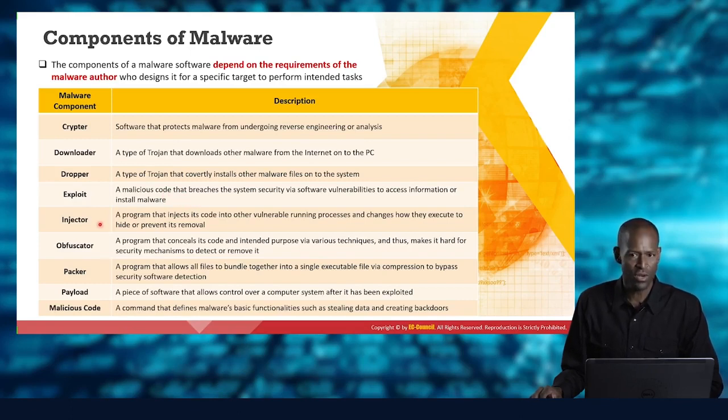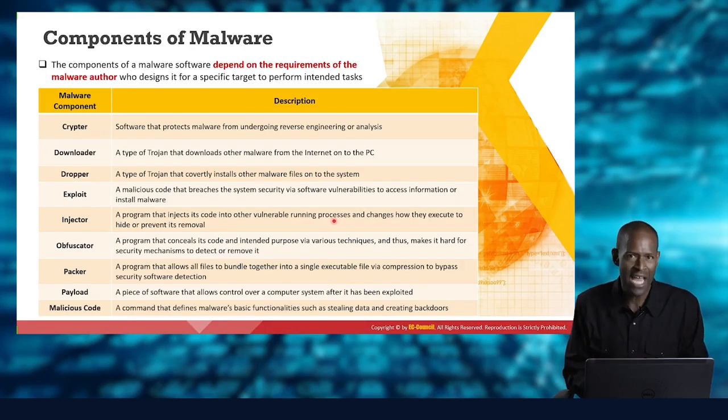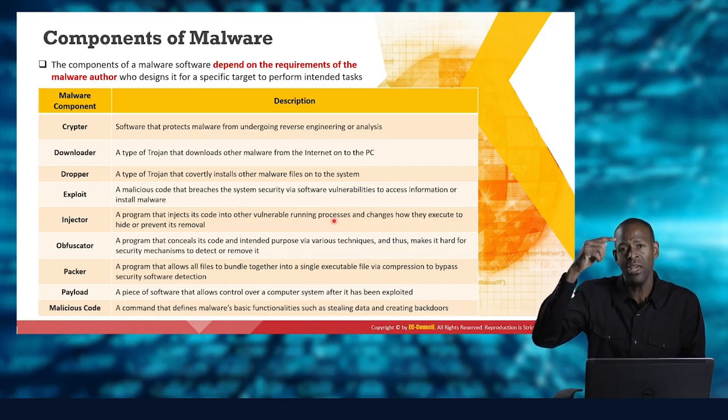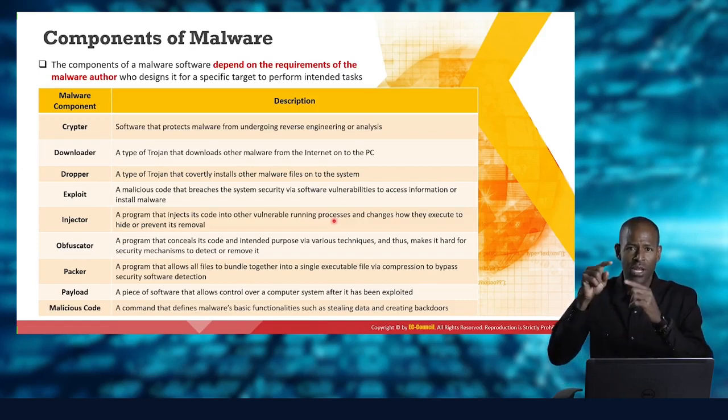The next one is an injector. What this does is it injects code into running processes. If you do a Control-Shift-Escape on your computer, that will start Task Manager, and in Task Manager you see all the running tasks. If you click on the Details tab, you see all the individual running processes with their PIDs, process IDs, and you take one of those processes and you inject code into it.